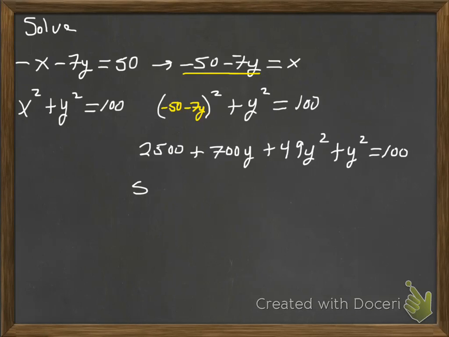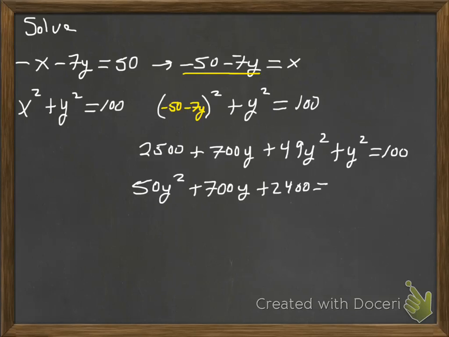Okay, so we're going to combine like terms. 49y squared plus y squared is 50y squared, plus 700y. And this is quadratic, so we're going to set it equal to 0, and then subtract 100 from 2,500 to give us 2,400.